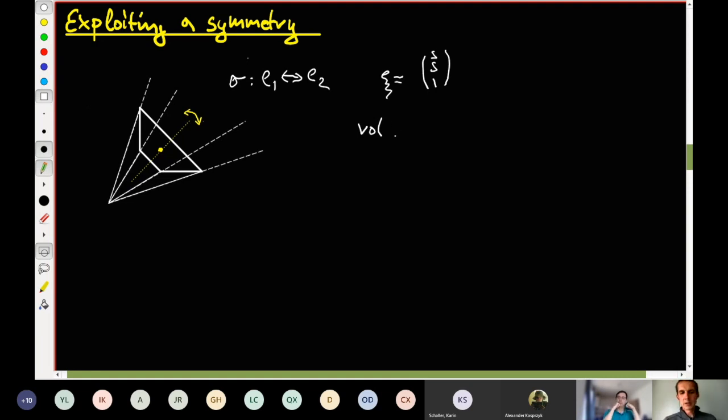And this is always going to be a polynomial, in this case in S. And everything can be calculated here very explicitly. It's not hard to calculate the volume of such a truncated cone. And if you do this, you figure out this is actually a polynomial of degree 3 in S.